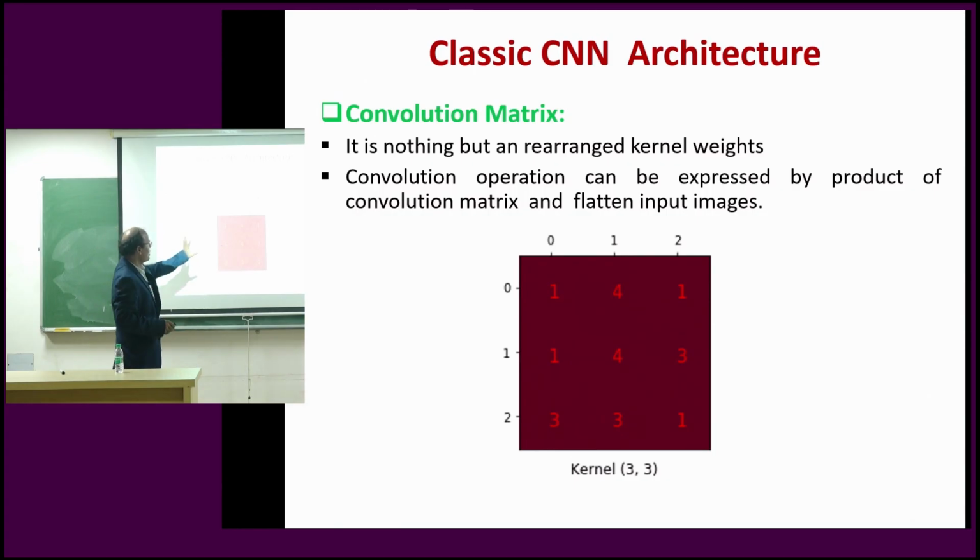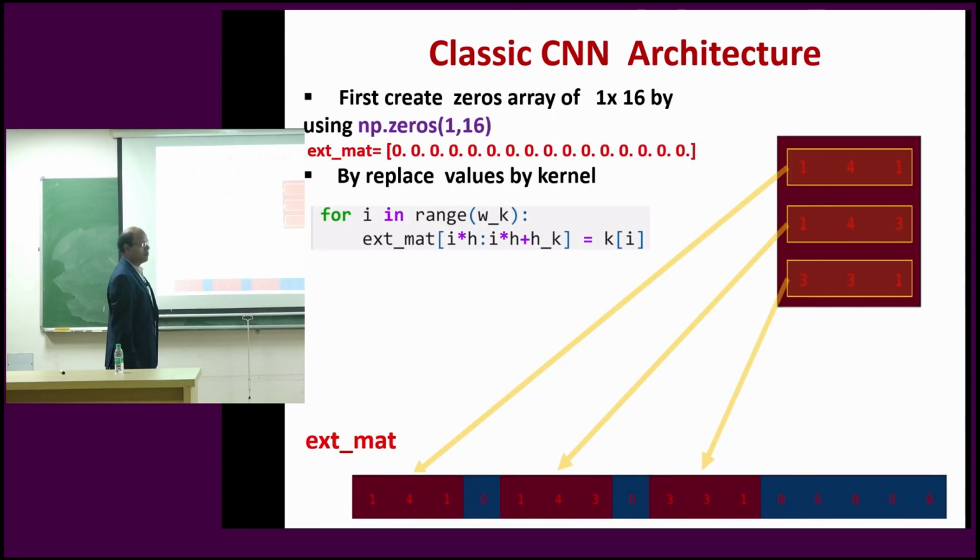Then this is the kernel, and we are going to get the convolution matrix from the kernel itself. The logic is that first we create a zeros array of 1 by 16, using np.zeros((1,16)). Next step is replacing values by the kernel.